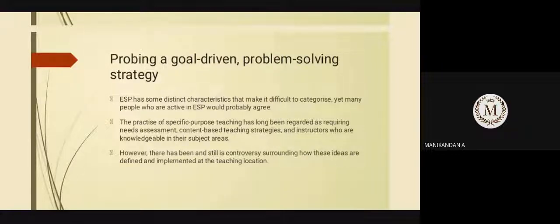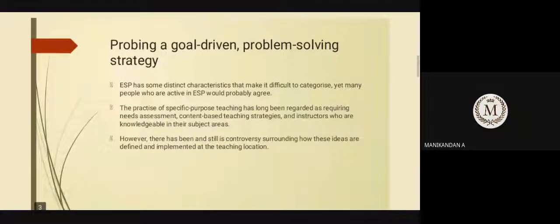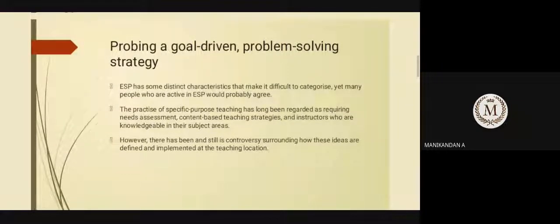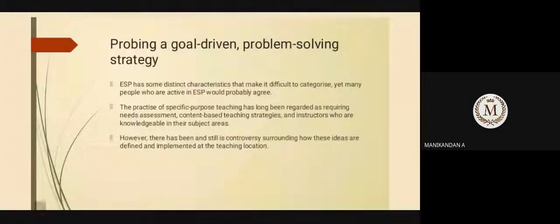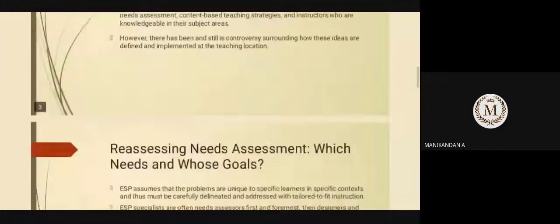The practice of ESP teaching has long been regarded as requiring needs assessment, content-based teaching strategies, and instructors who are knowledgeable in their subject areas. However, there has been, and still is, controversy surrounding how these ideas are identified and implemented at the teaching locations.